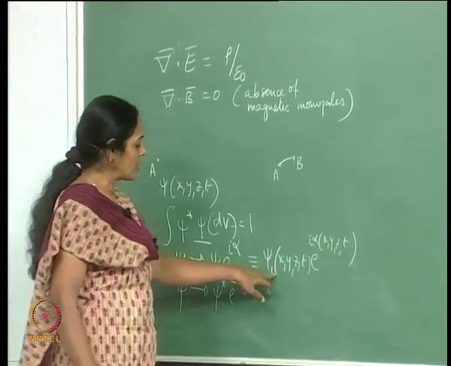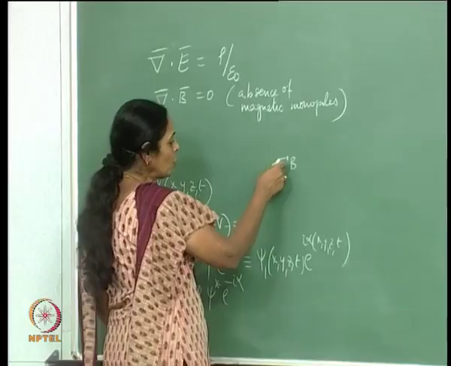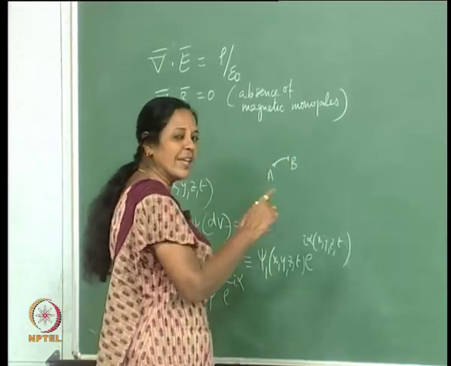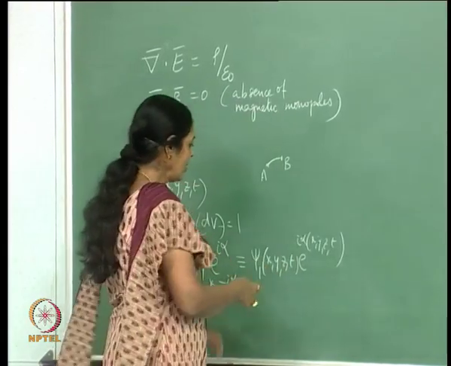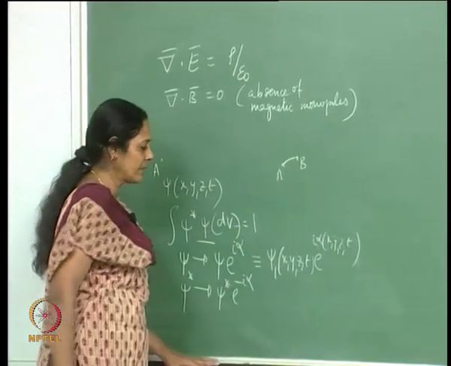So, there are two objects here which change in space time, and when you go from A to B, what you can measure is the change in phase of the wave function, because the phase changes with space time points.